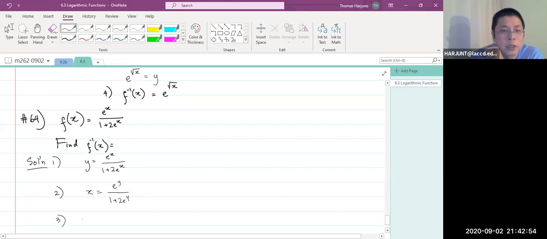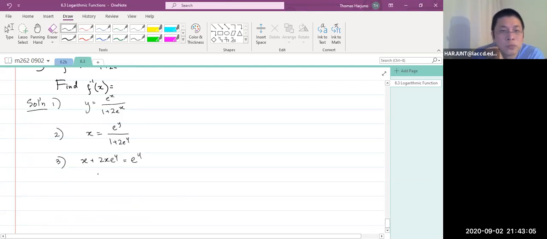Step 3, x plus 2x e to the y equals e to the y. So x equals e to the y minus 2x e to the y, factor e to the y, and then divide.